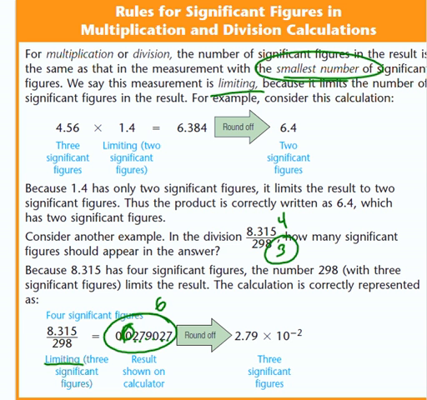Now, they wrote theirs in scientific notation, which I have not shown you how to do yet, which we'll probably do next week at the beginning. But if I was to write this number with 3 sig figs, it would be 0.0279, and then whatever my unit happens to be. Obviously, right now, the unit is being ignored because we're mainly focusing on the values and what are the appropriate values for an answer.